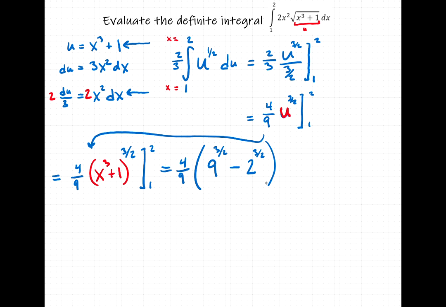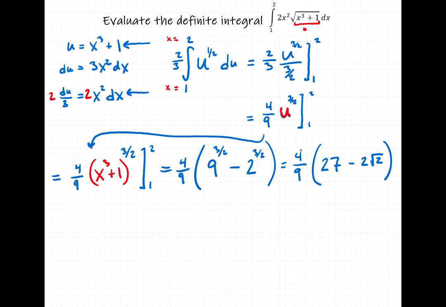And let's see, the square root of 9 is 3, and 3 to the third power is 27. So 9 to the 3/2 power is 27. So we have a 4 over 9 out front, 27 minus 2 to the power 3 over 2. Well, that's the square root of 8, or 2 radical 2.